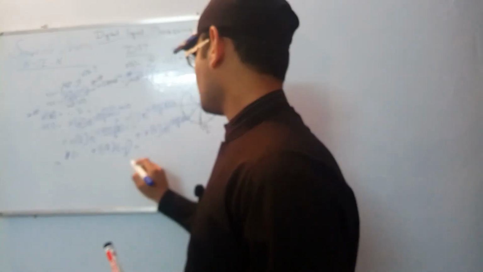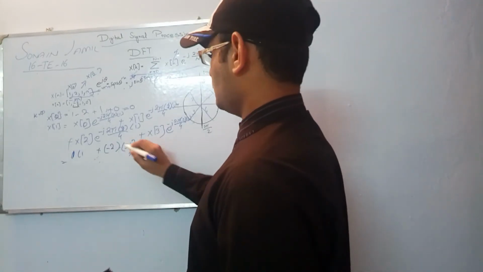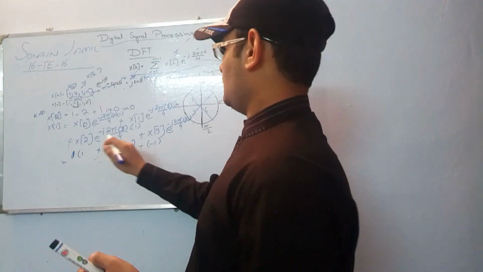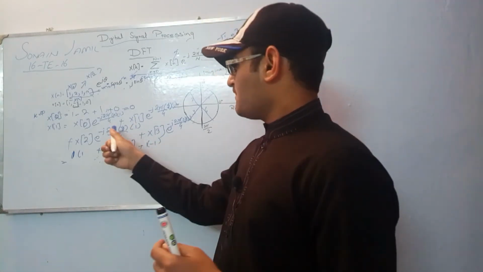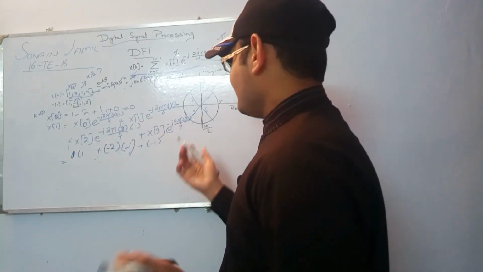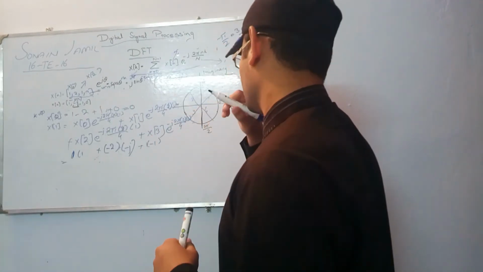Similarly, this one comes out to be minus 1. 1 into minus 1, because e power minus j pi is equal to minus 1.